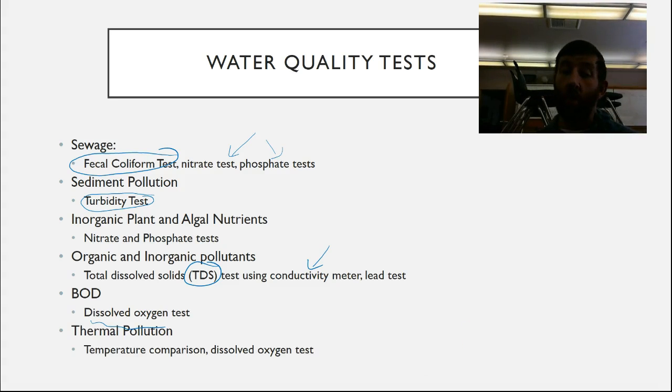All right, and then of course for thermal pollution, this is one of the tests we will also run. You just do a temperature comparison between 2 points. Typically, you want to have at least a mile or two in between. And normally, we would run a thermal pollution test near somewhere like a power plant, or if you're worried about excessive clearing around a stream and the sun heating the water up too much, right?